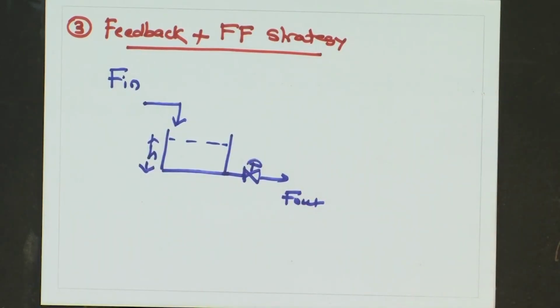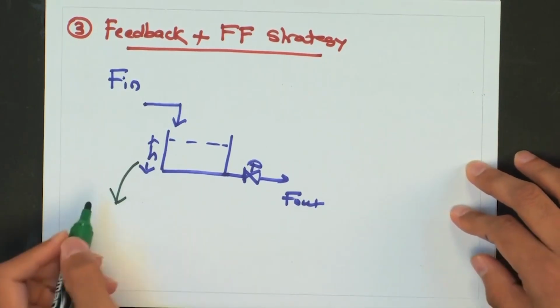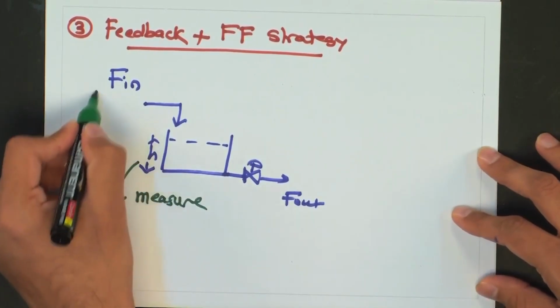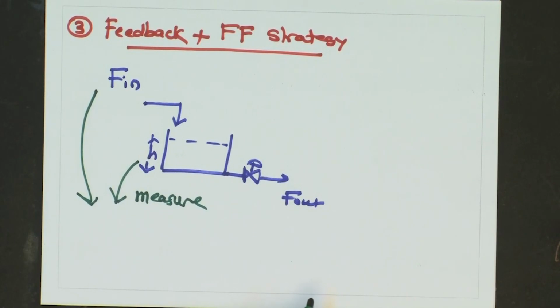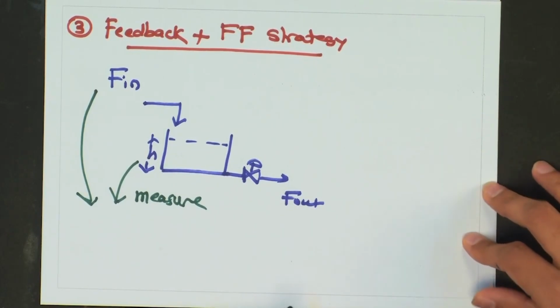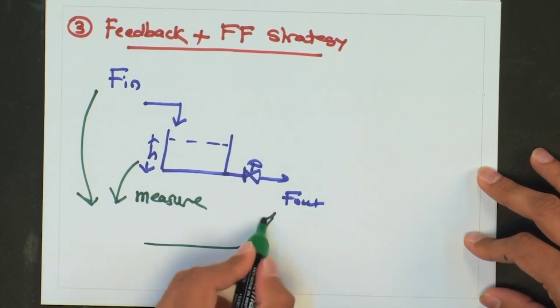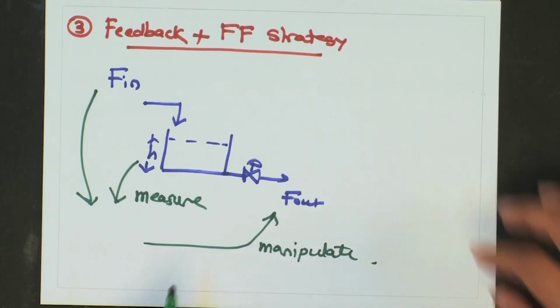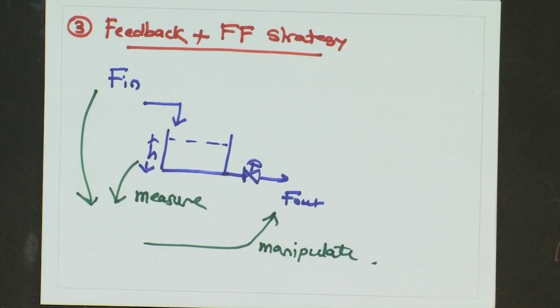So, in this strategy what you do is you measure the controlled variable as well as the disturbance, and based on this combined information you take an action to manipulate the outlet flow rate. So, as the name suggests, it is a combination of feedback and feed forward control strategy, wherein you measure the disturbance variable as well as controlled variable and take an action accordingly.